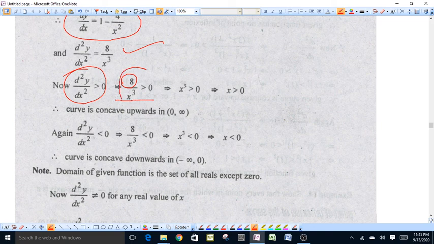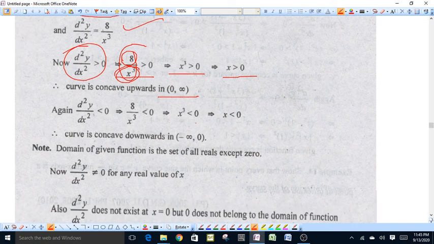For this total term 8 upon x cube to be positive, denominator must be positive, that is x cube must be positive. X cube will be positive if x is positive, means x lies in the interval 0 to infinity. It means curve will be concave upward for the interval 0 to infinity.